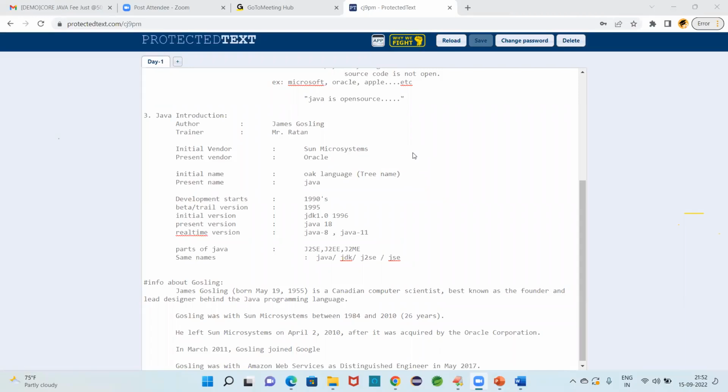Everyone copy this link and place it in your notepad on your laptop or mobile. On mobile, you can just take a screenshot. When you open that link, it is asking for a password, right? The password for that link is Java. JAVA is the password, right? Exactly.